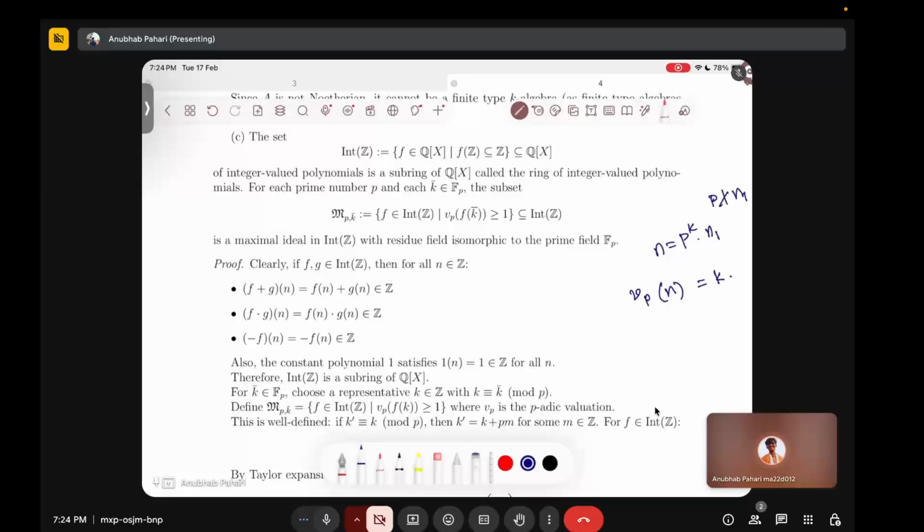So it is the highest power of the prime p which divides n.